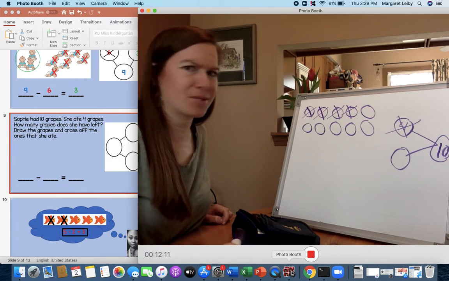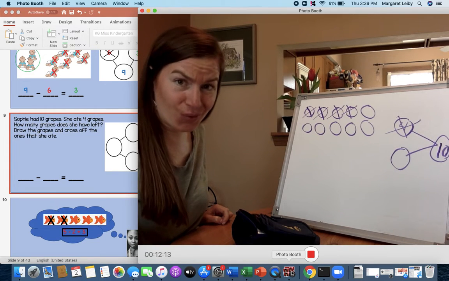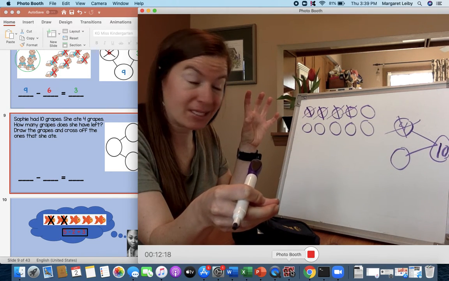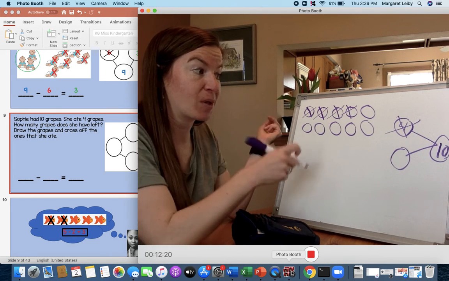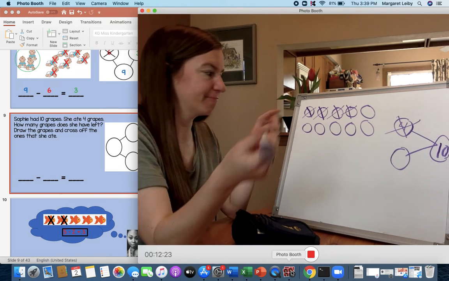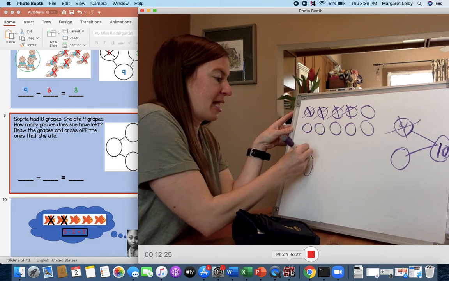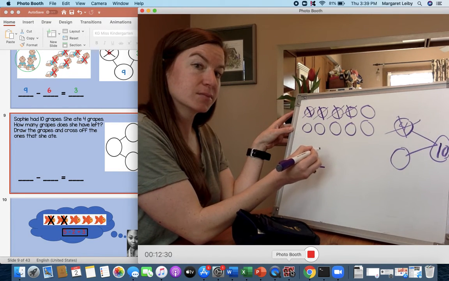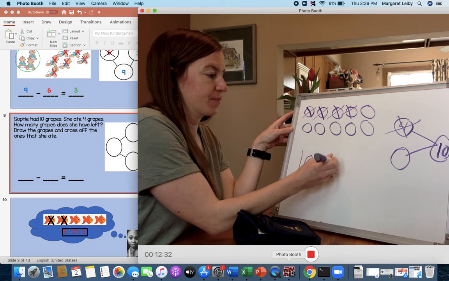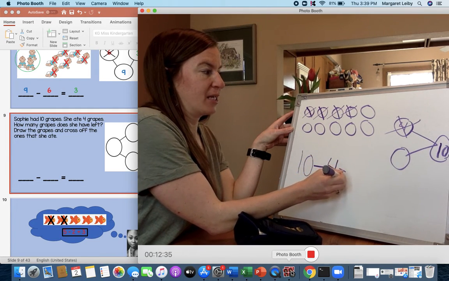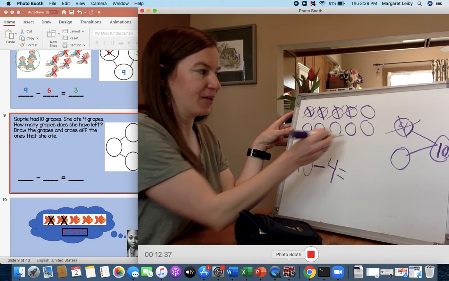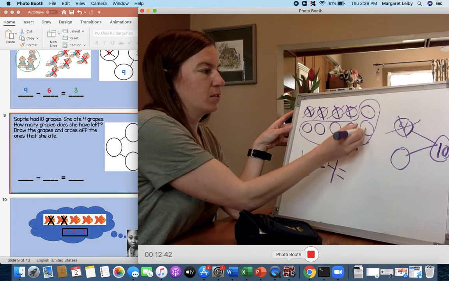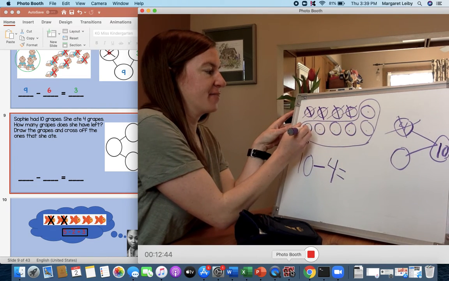So now I want to do what? Yeah, I got to start that number sentence so I don't get tricked. I know that when I'm writing a subtraction sentence, I start with the whole, and then I take away my takeaway part. My whole is the biggest number. My whole is 10, and I do minus 4. And now to find what that equals, I have to count what's left. So I'm going to circle what's left. Now I've got 1, 2, 3, 4, 5, 6.